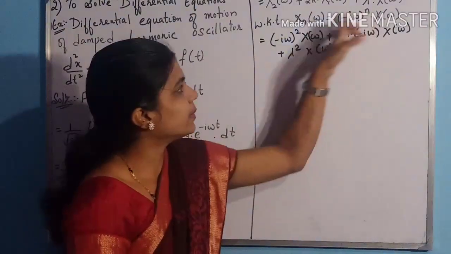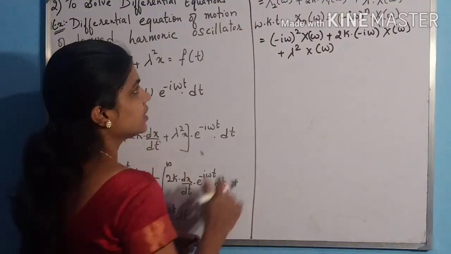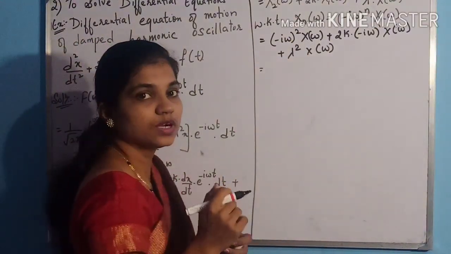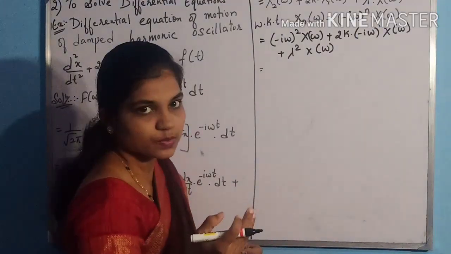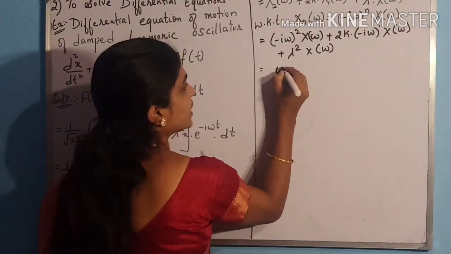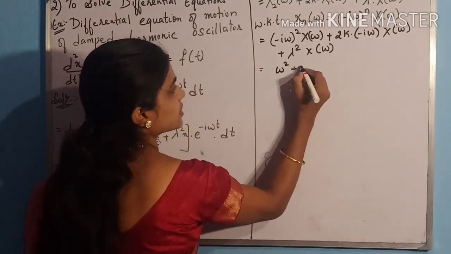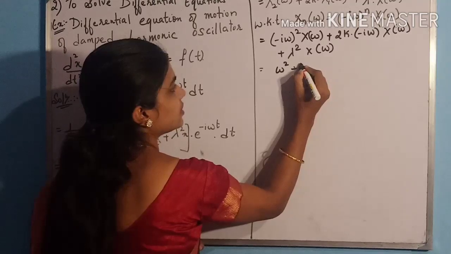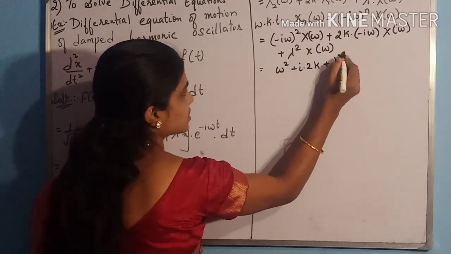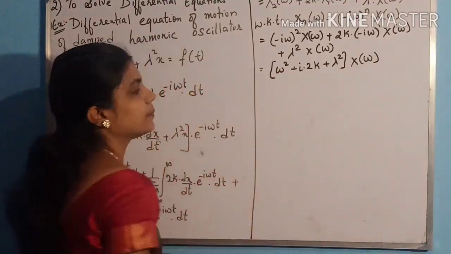Now what is common in all of this is X(ω). Now −i² is what? i² is −1, so minus of minus is plus. So it is (ω² − i·2k + λ²) X(ω).